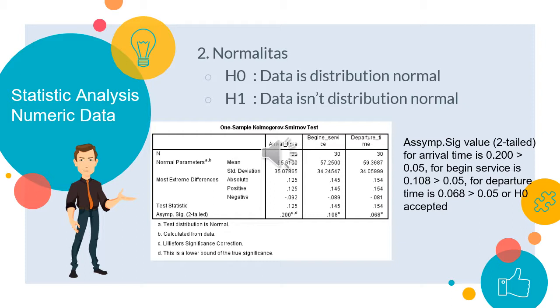And for begin service, we got the score of 0.108, which is more than 0.05. And for departure time it is 0.068, which is more than 0.05. So we can conclude that our H0 is accepted.